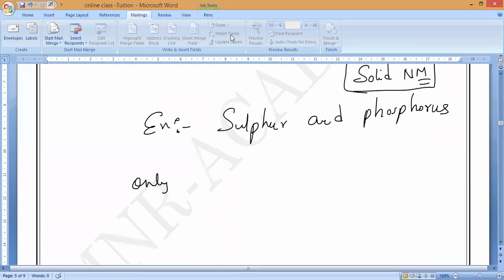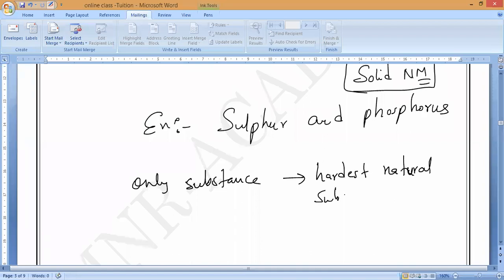Here also, one exception is there: the naturally hardest substance, harder even than metals. That is diamond. Diamond is another allotrope of carbon.